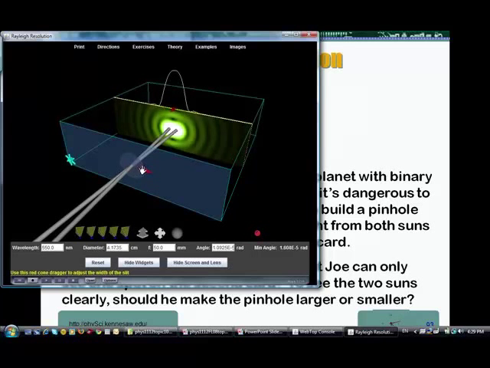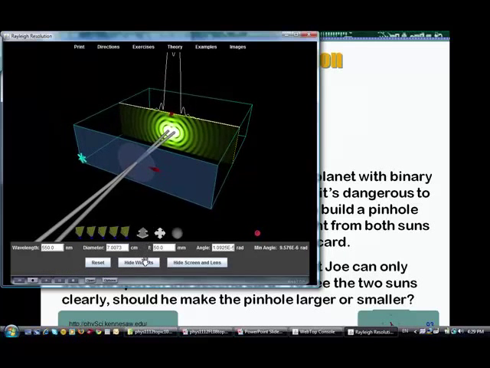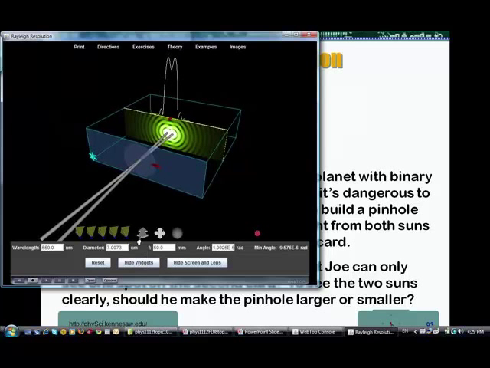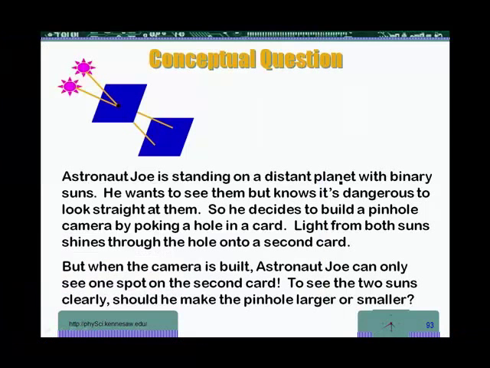To get them resolved, should he make the hole larger or smaller? Okay, now this one here, we should be able to see the intensity. You see it's much more resolved when we get larger. So he should make the pinhole larger.